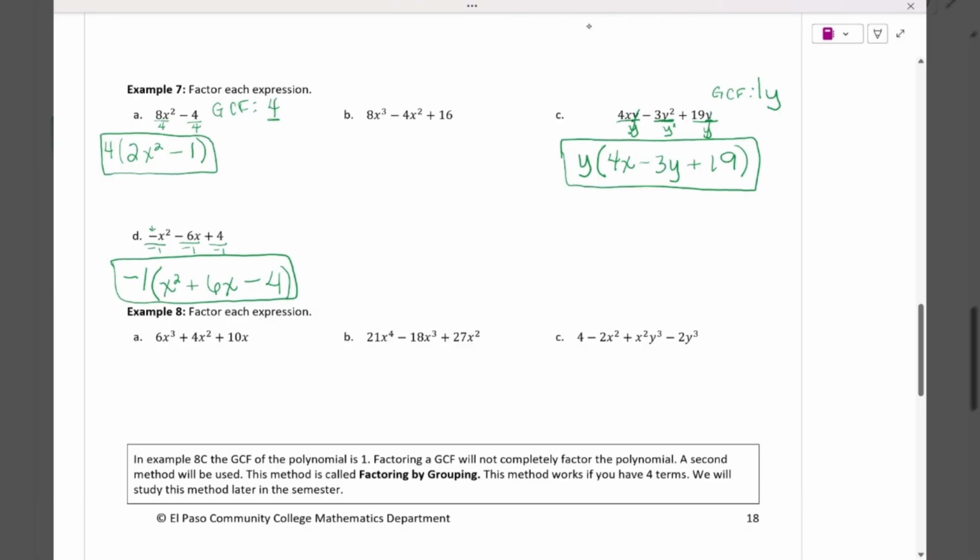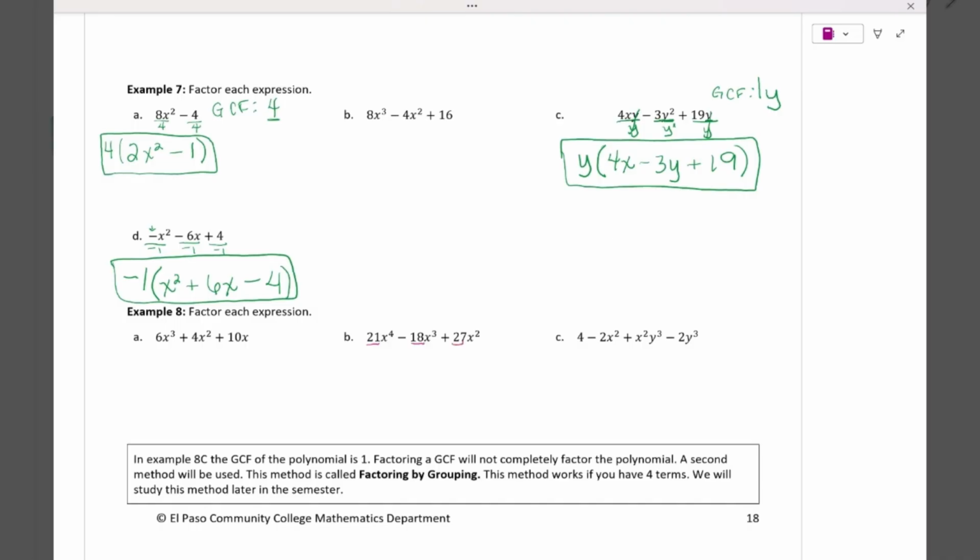Moving on to example 8. Let's look at B. Okay, same strategy from before. I'm going to look at the coefficients or the number parts first and then the variable parts. So I have 21x to the fourth minus 18x to the third plus 27x squared. So first looking at the 21, 18, and 27.